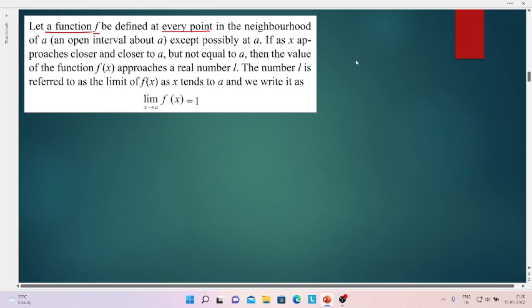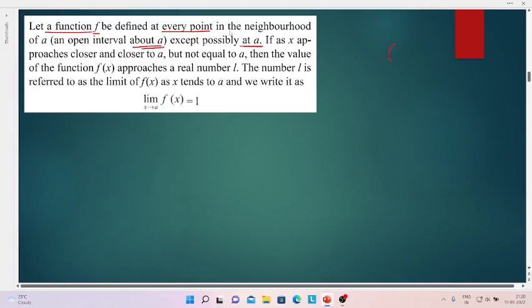I mean, if you have a function f, that must be defined in the neighborhood of the given point a. Defined means it has a value, or it exists on the neighborhood of a. This is an open interval about a. I have already discussed that the neighborhood of a point is an open interval, right? Except possibly at a. I mean, you have to choose those values in the neighborhood of a, except possibly at a. You can choose a also, there is no issue, right?